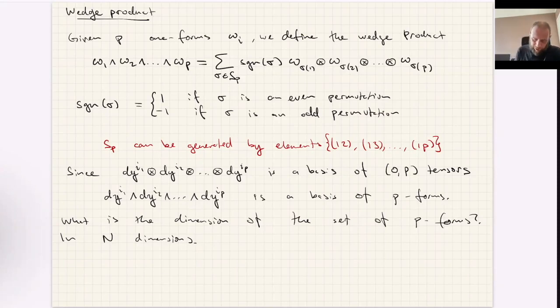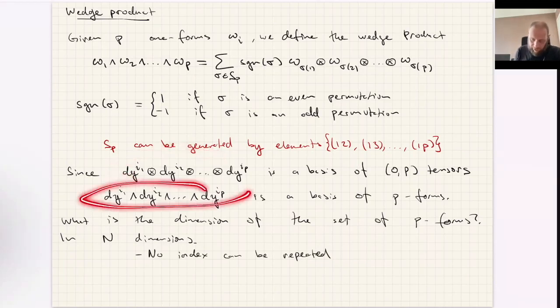Let's note the following. In this thing, no index can be repeated, because of the alternating property, it must be 0. So we can't repeat any of the indices.